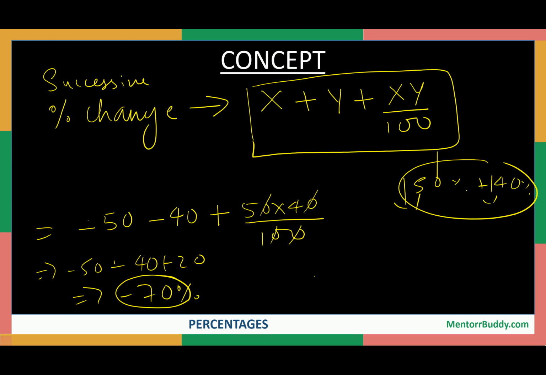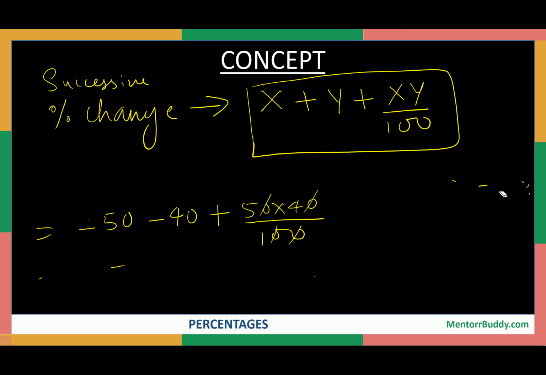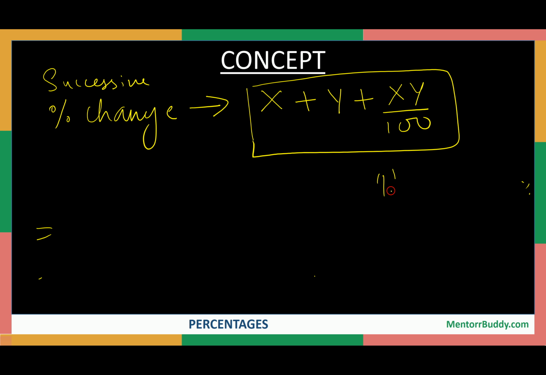So this method is called successive percentage change, right? There can be a situation in which one value is decreased and another value is increased. For example, the price of an article is increased in a year by 20%, and then in the next year it is decreased by 10%.